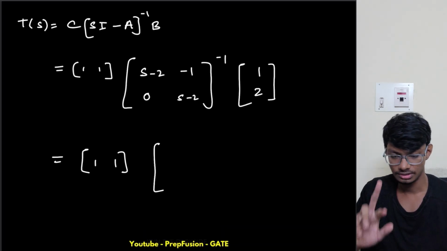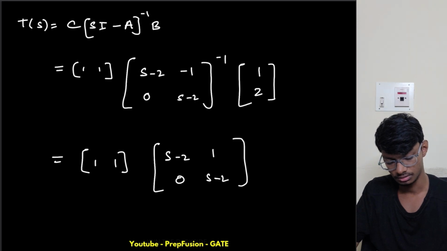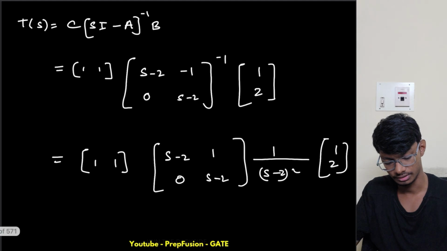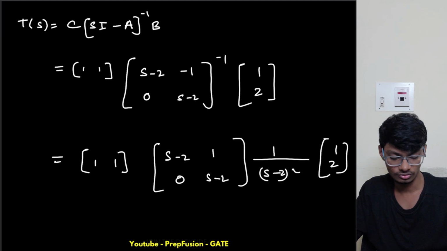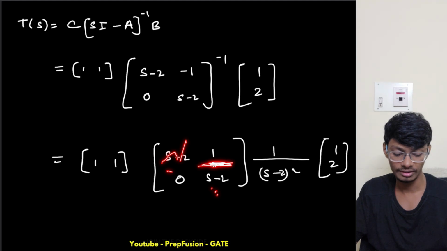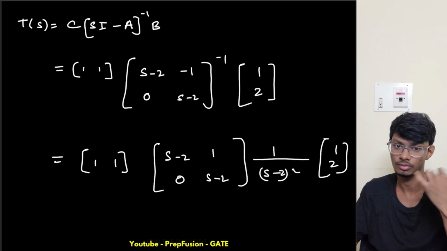So what is this? Basically I will swap these two, s minus 2 and s minus 2, and 1 and 0, right? And in the bottom I will have s minus 2 whole square, and I have 1 2 here again. So this comes out to be simply, let me solve one of them, this will be 1 by s minus 2, and this will be 1 by s minus 2, but here I'll have 1 by s minus 2 whole square, so that whole square will cause this transfer function to become order 2.